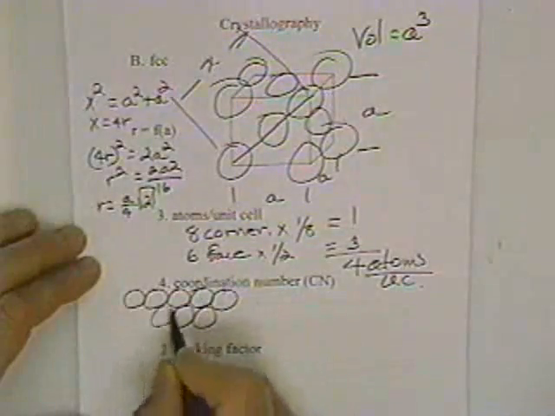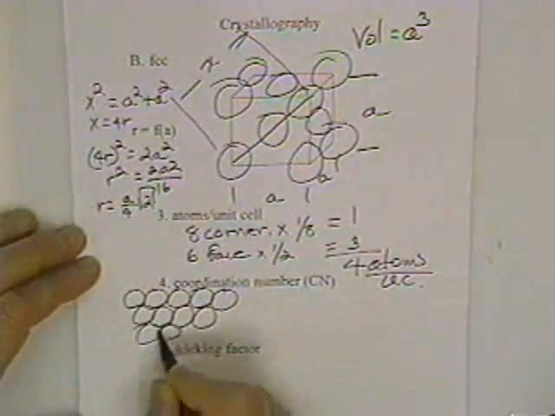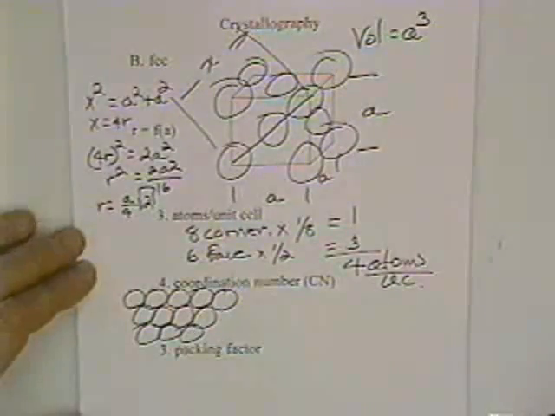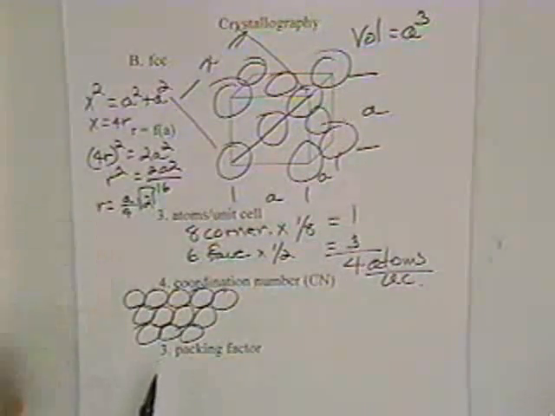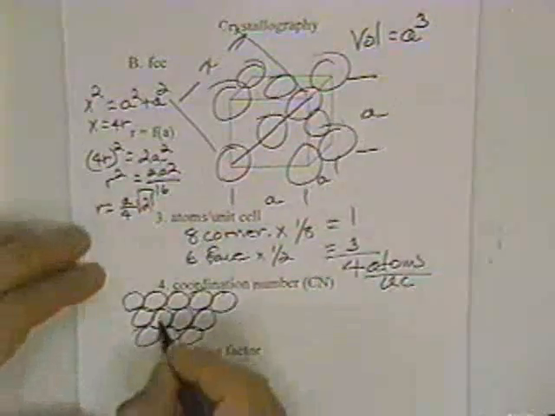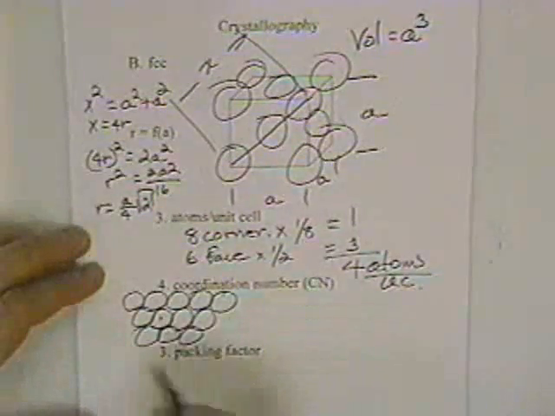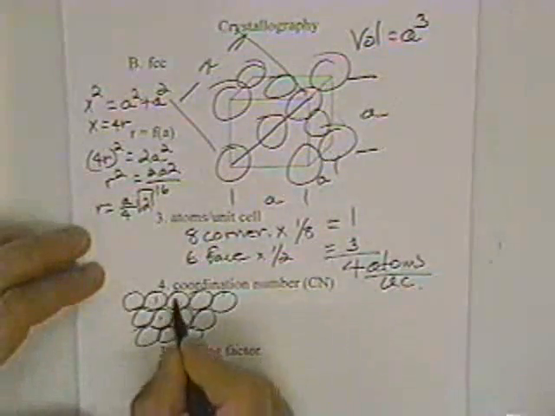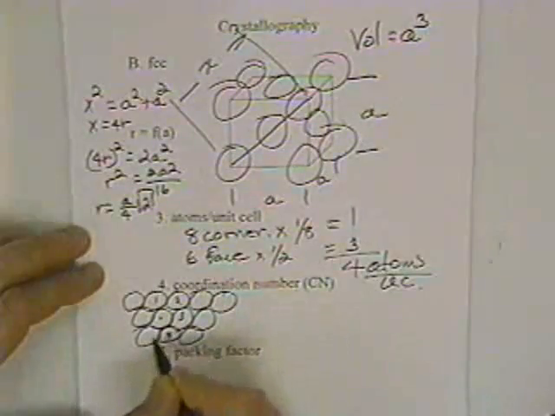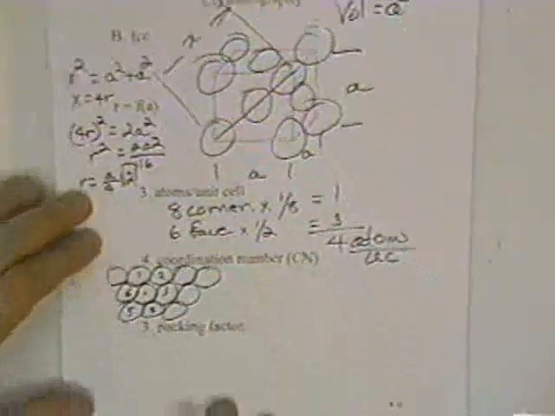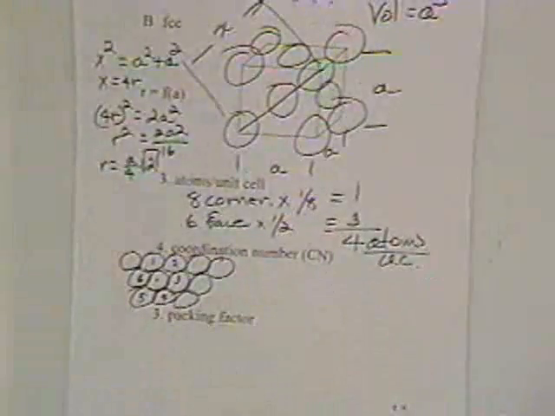Might go ahead and draw one of these close packed planes on your notes there. I've got one a couple pages back. You see that for this close packed plane, let's look at this atom right here. How many nearest neighbors does it have? 1, 2, 3, 4, 5, 6 nearest neighbors. So in 2 dimensions it has 6 nearest neighbors.